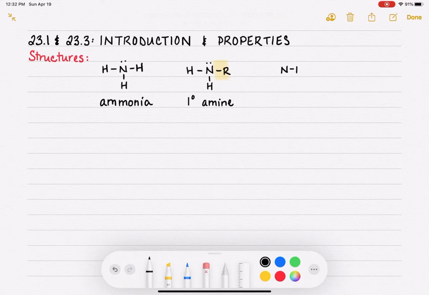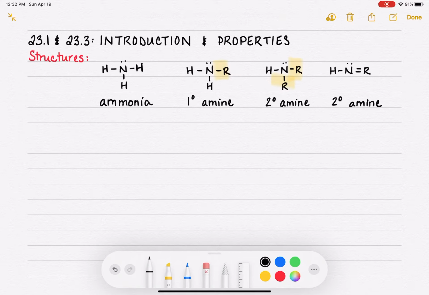And then, of course, as you can imagine, we can put 2 or 3 R groups on that nitrogen. Secondary amine is going to have 2 nitrogen-carbon bonds, and they don't necessarily have to be 2 single bonds. So this would also be a secondary amine.